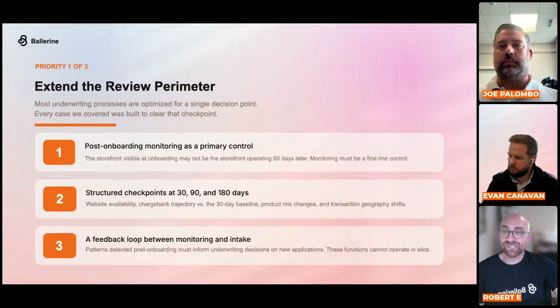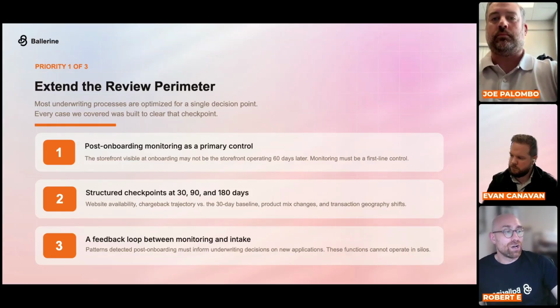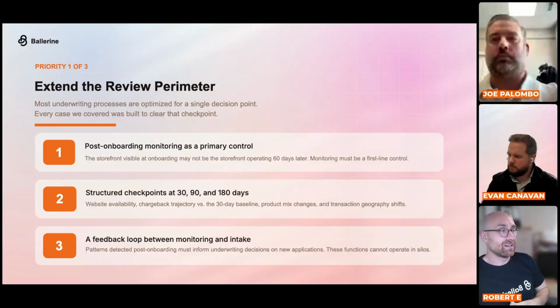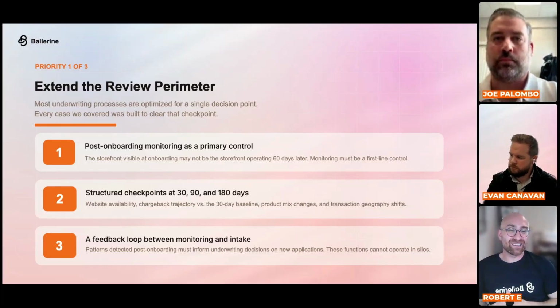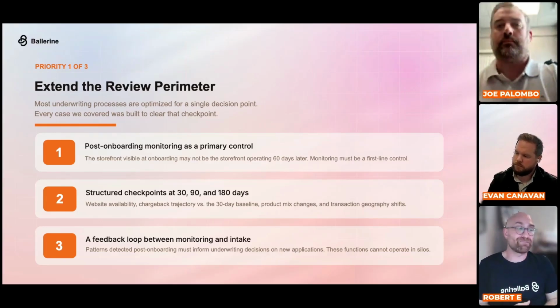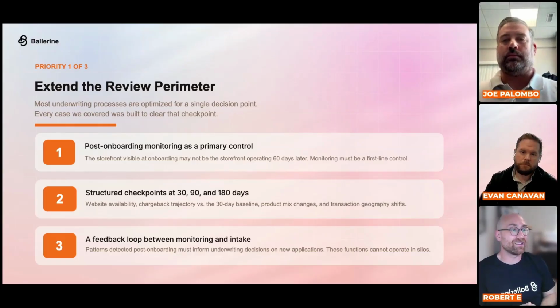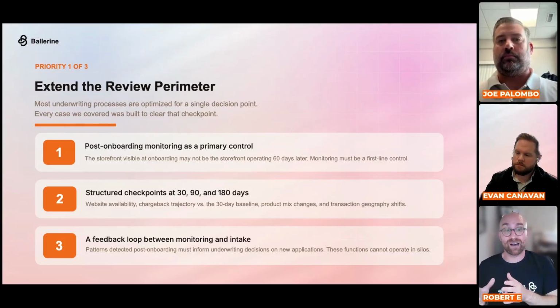So I think we'll start here with the review perimeter and onboarding and monitoring. Joe, I'd like to ask you, I know that sometimes internally the mindset is to onboard first, and then if something pops up, you'll catch it in post-onboarding, and that should be the first line of control rather than the main line of control being at the onboarding stage.